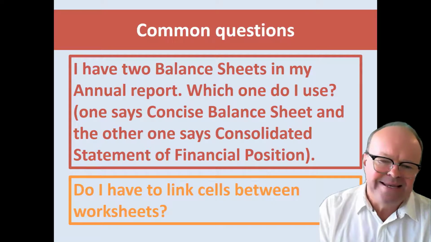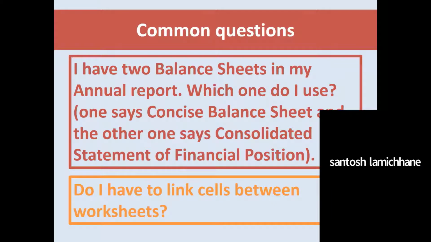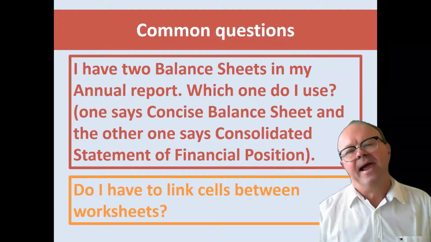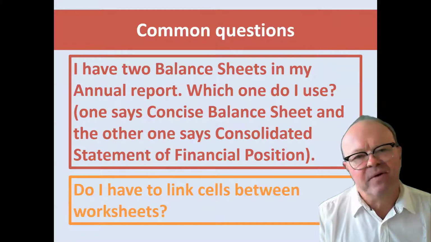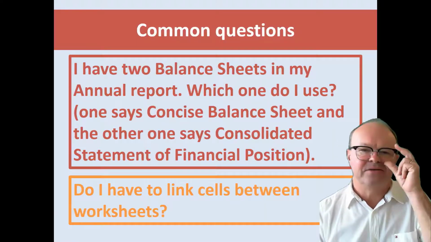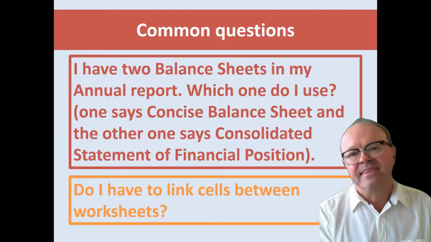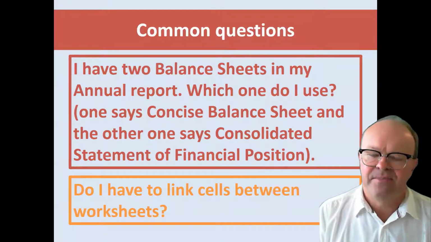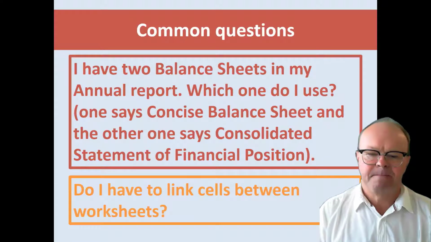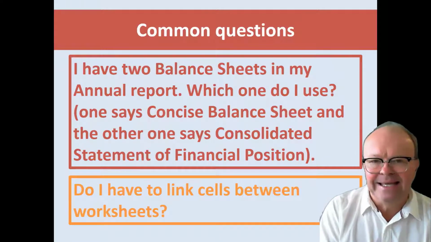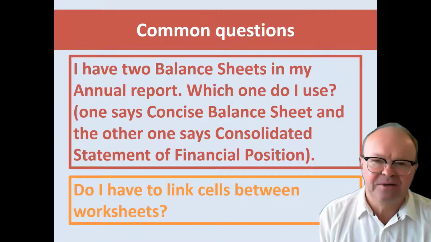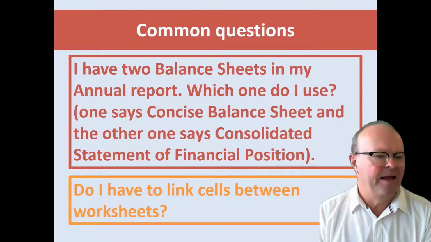Now, if we link the cells between worksheets, and we've only put them into, say, the financial statements worksheet originally, then if we discover we put an error into the financial statements worksheet and we correct it, that will flow through automatically to all the other parts of all our other worksheets. So linking cells between worksheets is a key thing in Excel. You'll get lots of practice of doing that.